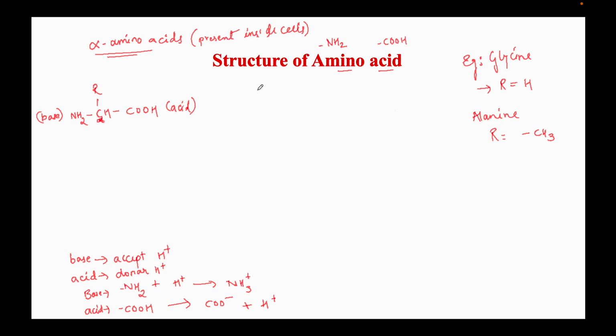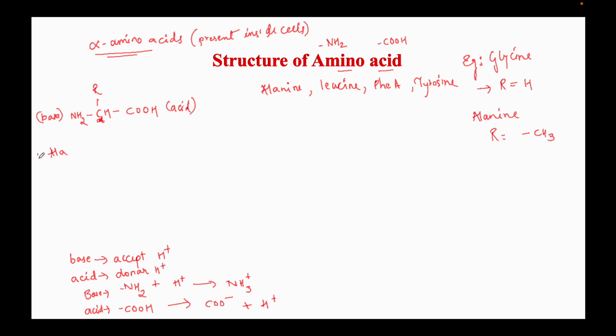Whereas, in the question we have 4 amino acids: alanine, leucine, phenylalanine, and tyrosine. So these are the 4 different amino acids. The alanine structure is also very simple. The R group is the methyl group.